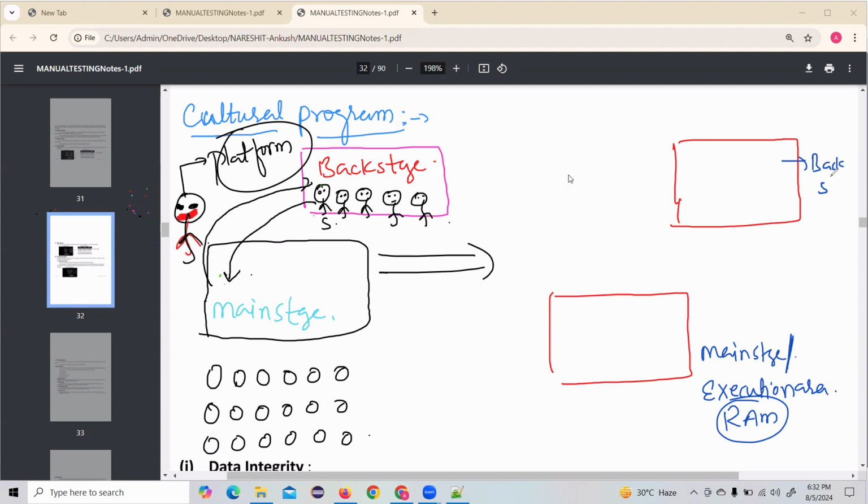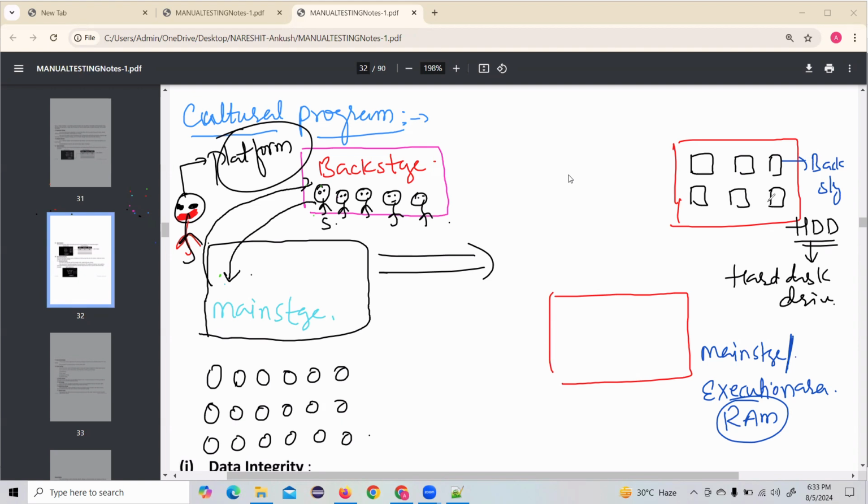Backstage is called the hard disk drive, HDD. Earlier, where are all your applications, notepad, calculator, calendar, all the applications present?